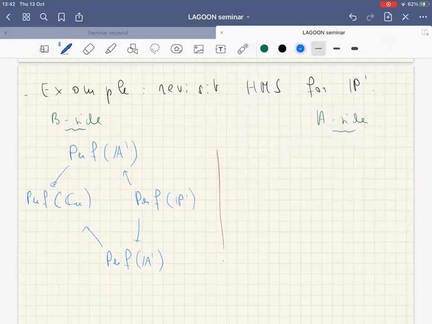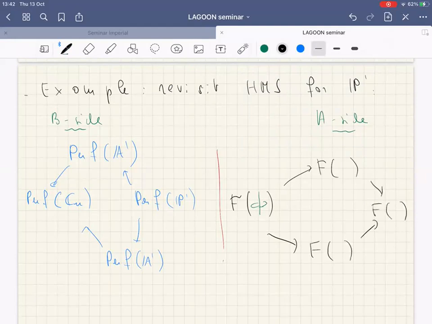And on the other side, we have that F of this graph can be computed as the fiber product of this upper part, this lower part, and their intersection, which is S1.